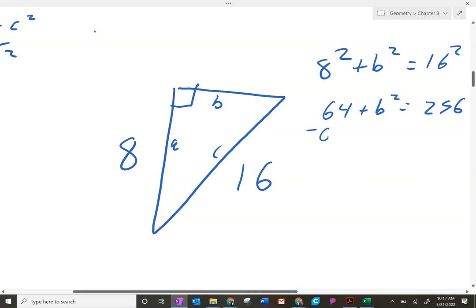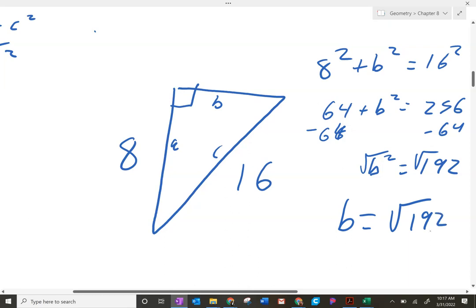I'm going to subtract 64 from both sides. I get B squared equals 192. I'm going to square root both sides. I'm good with your answer being B is the square root of 192.